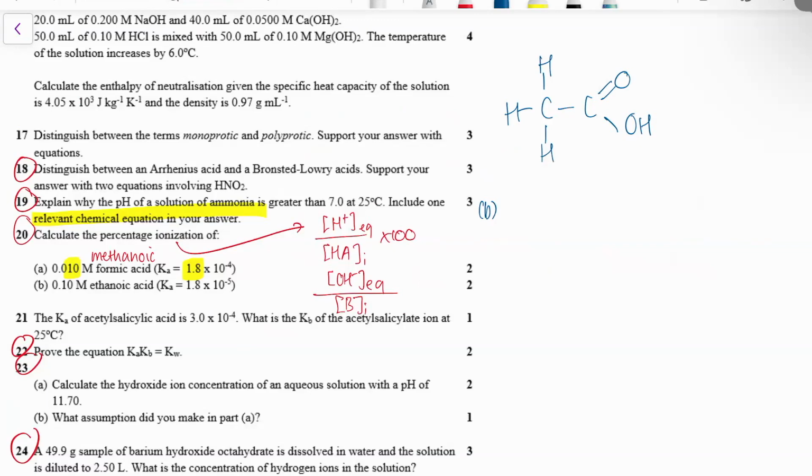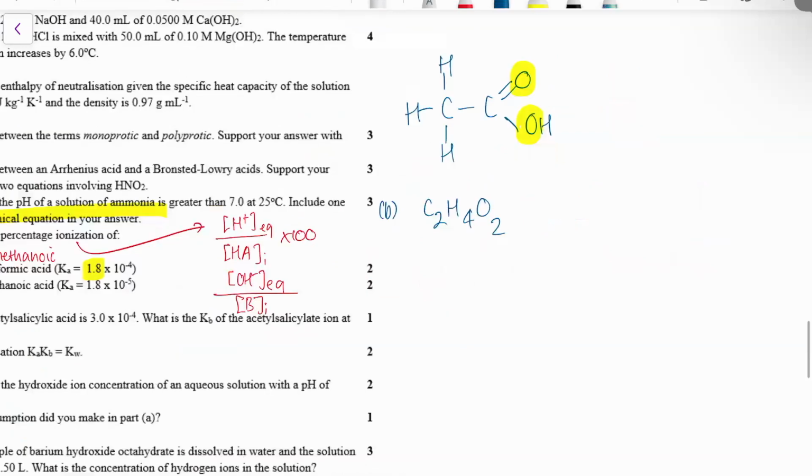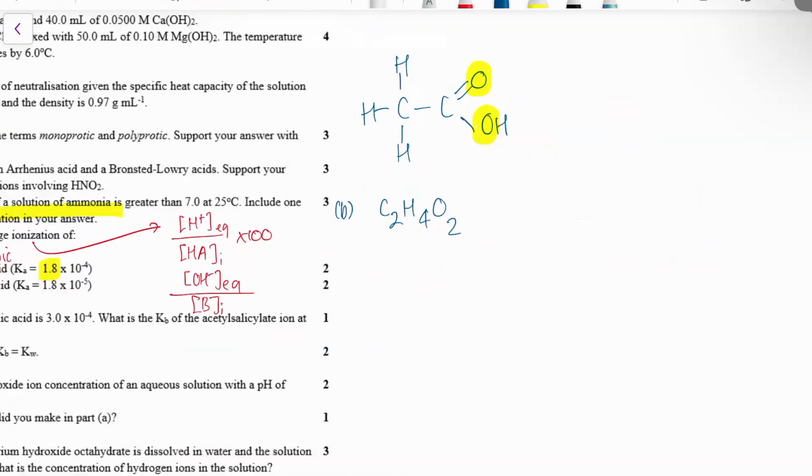That's C2H4O2, because there's an oxygen here and there's an oxygen here as well. With organic chemicals, we like to do it in terms of condensed formula, just so you can still see the structure.